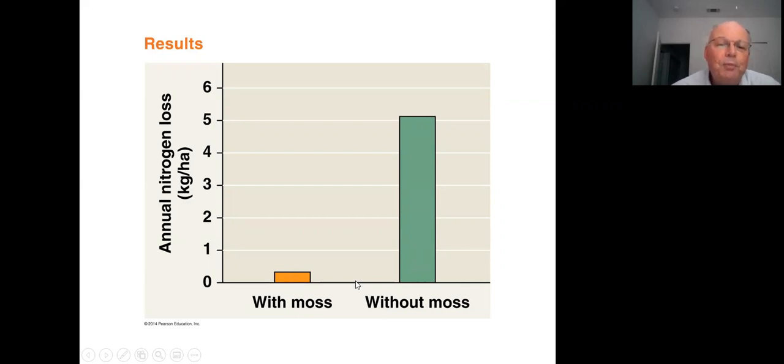And so with the presence of moss, you get a retention of nitrogen, because this is actually documenting how much nitrogen is lost. So here, the small number is better than the big number, because this is the amount of nitrogen that's been lost from the soil. So the small number with the moss means that nitrogen has been retained in the soil. In the absence of moss, nitrogen is lost from the soil.